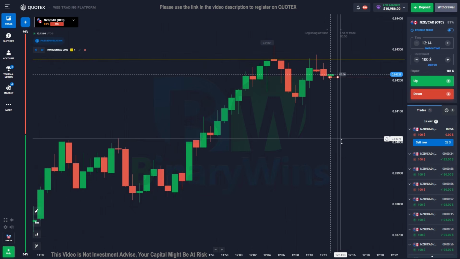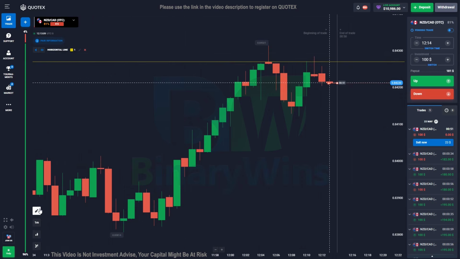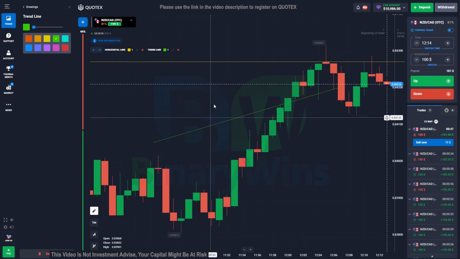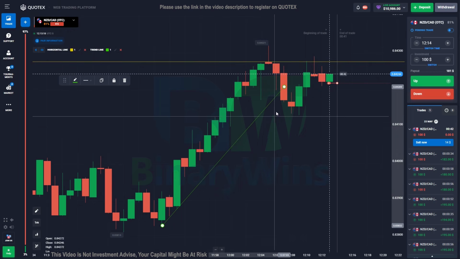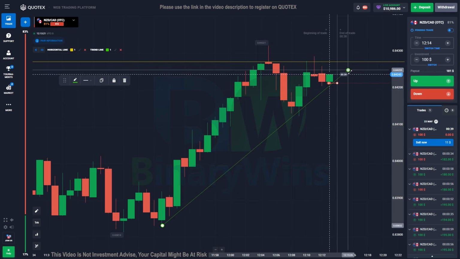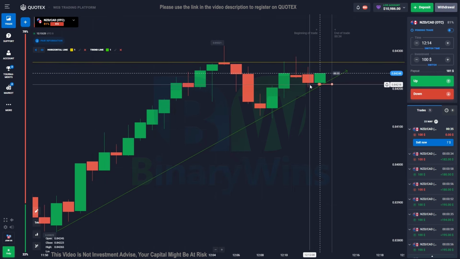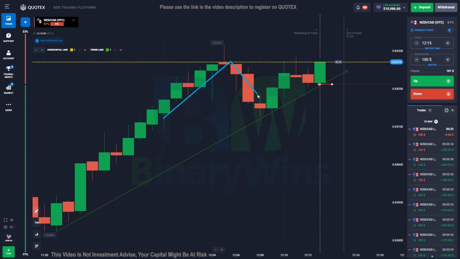Well, I entered a lower trade. Of course, we also have a trend line that we need to draw and watch out for. My candlestick had a gap to the trend line. There was a possibility of a double top pattern forming.